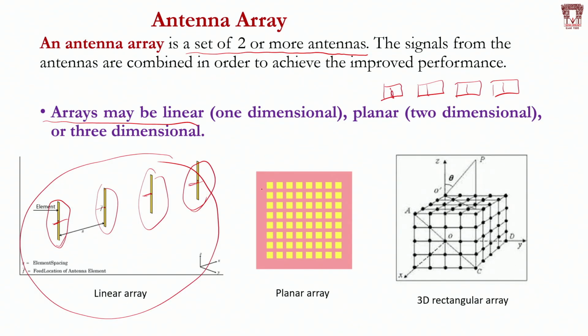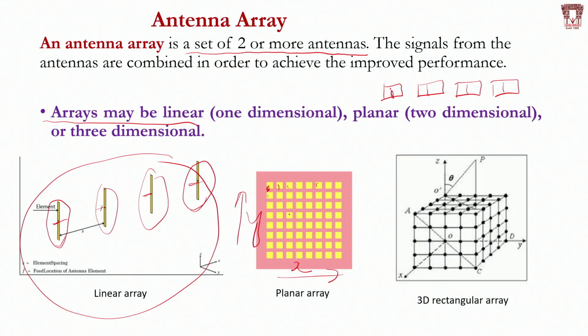Similarly, if we arrange the antennas two-dimensionally, for example, this is one antenna, this is second, third, fourth, five, six, along the x-axis and along the y-axis, here it is a rectangular array.